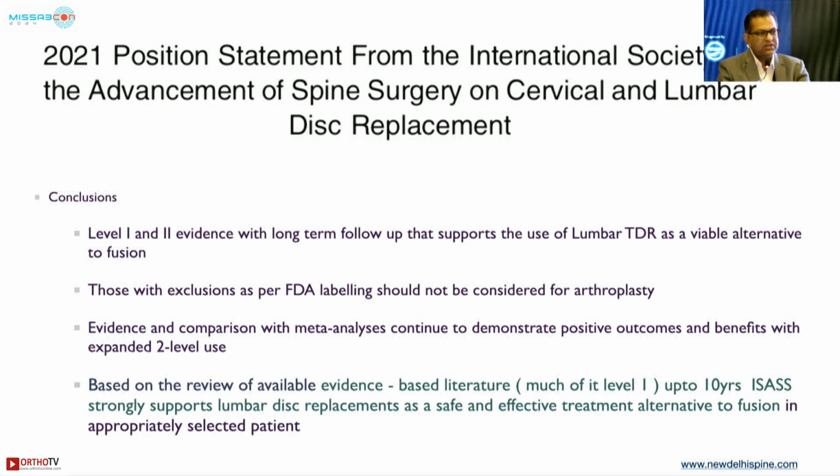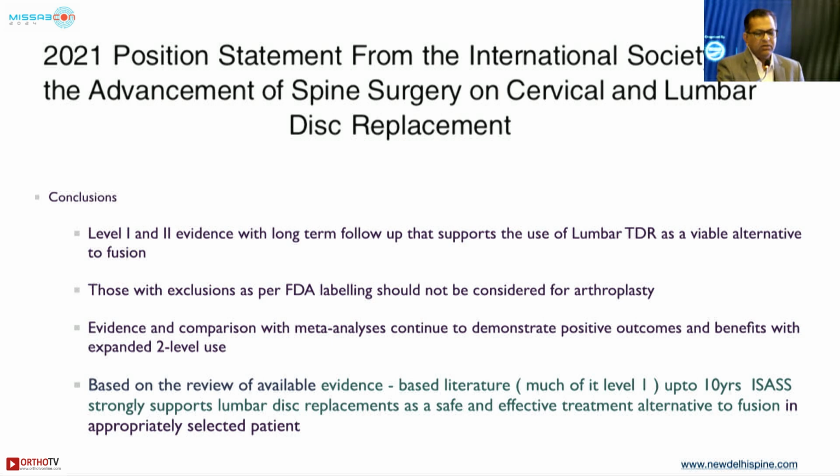Those with the exclusions as per FDA labeling should not be considered for arthroplasty. You cannot extend the indications of ADR to every type of degeneration, like grade 3 facet hypertrophy, you cannot do that. There is enough evidence and comparisons with meta-analysis which demonstrate positive outcomes and benefit with expanded two-level use.